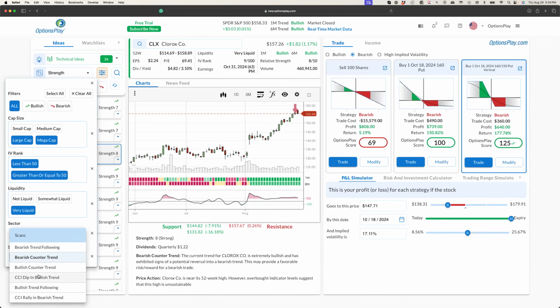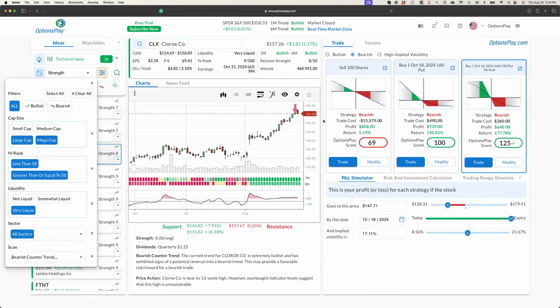That's also a trend following scan, but those all fall under a trend following opportunity as well. So that's how we would use the tools that are available to you here at OptionsPlay to help you find trading ideas and quickly structure an option strategy on the back of that.